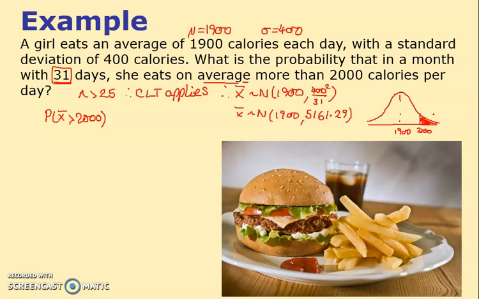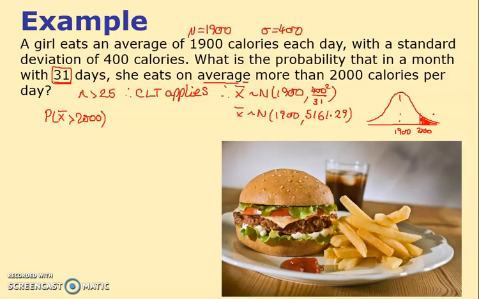So if I just do this on my calculator now, I'm just going to put it into menu, and it's 7 on the Casio ClassWiz. It's a normal CD, so press 2. The lower bound is 2000. Upper bound is just a big old number, putting 99,000 odd in. Sigma, what was sigma? It's the square root of 5161.29.